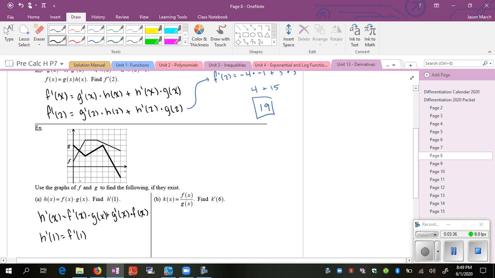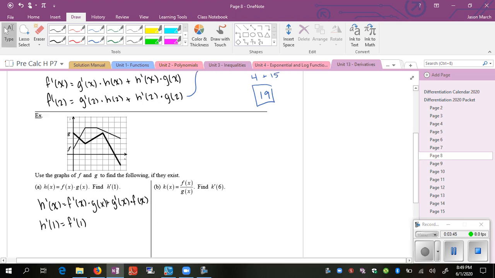F prime of 1 is the slope of f at 1. Well, we've got a piecewise linear graph here, so f prime of 1 is equal to the slope of the line there, which is 2. So I'm going to go ahead and write that down already as a 2, times g of 1.